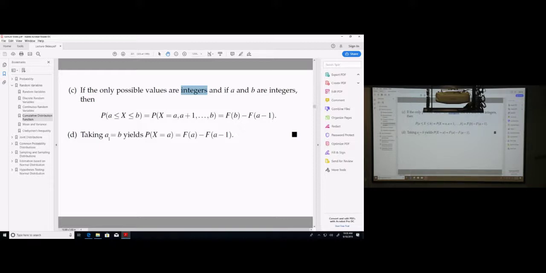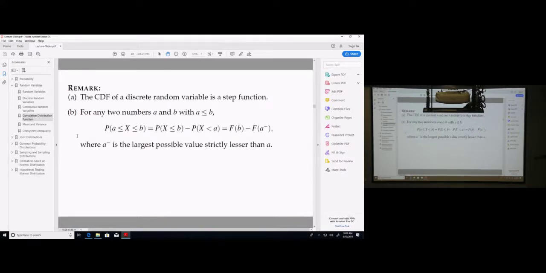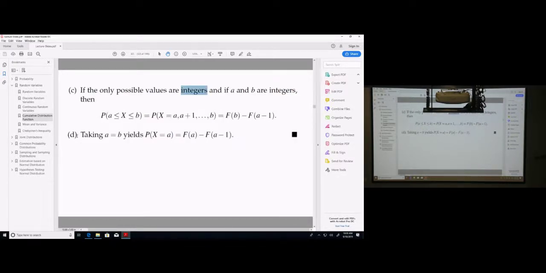Now, if A equals B, we are still under this assumption, I think. It is a little bit confusing because A, B, C, and D are taken to be separate contexts. But I think here we are following this directly.